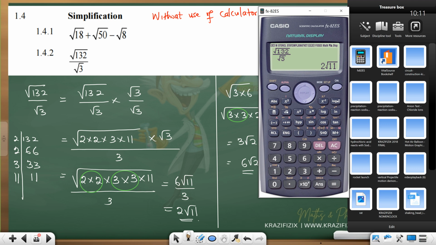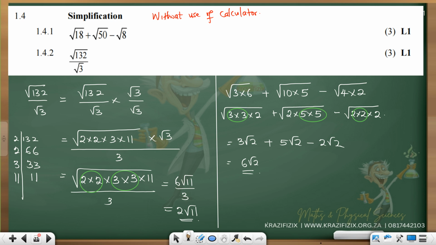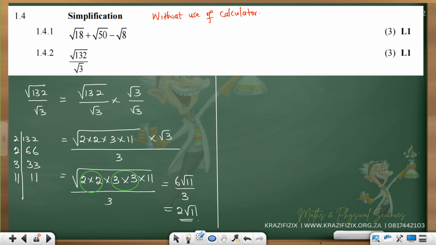Don't just jump and say root 132 equals 2 root 33, you'll get a 0. They want to see your breakdown because they know that we can simply put all of this in a calculator and get an answer.